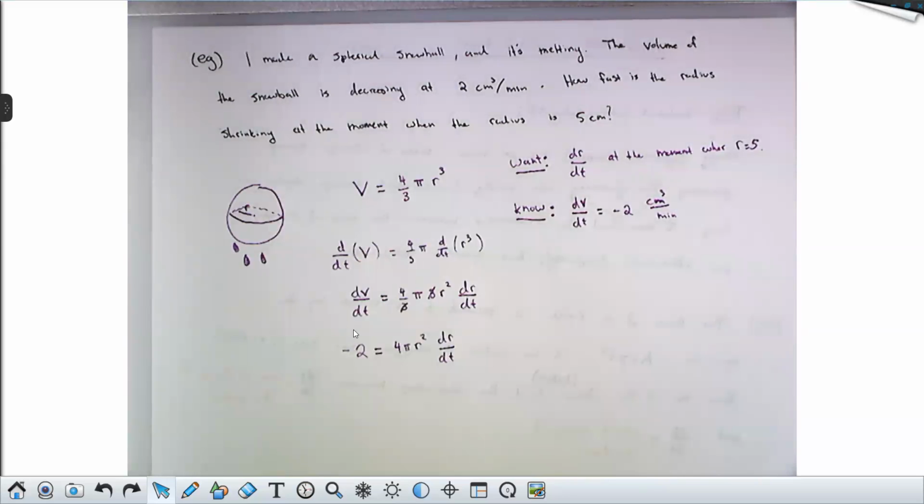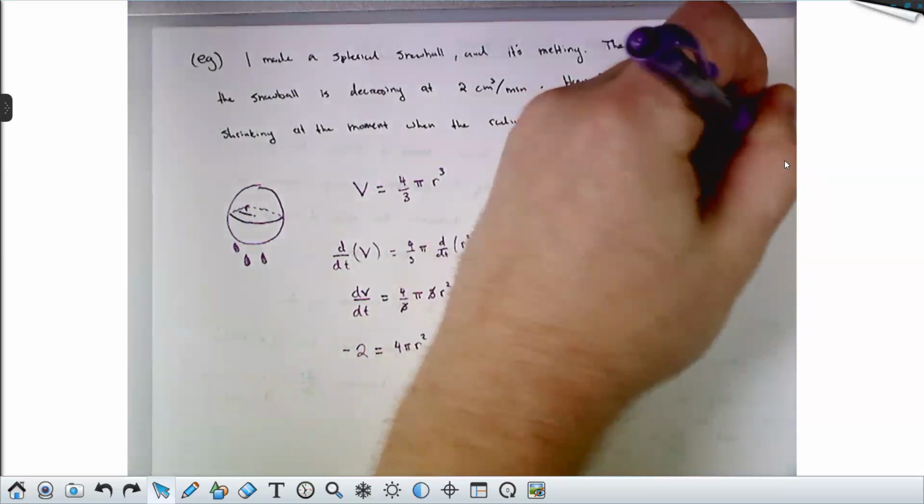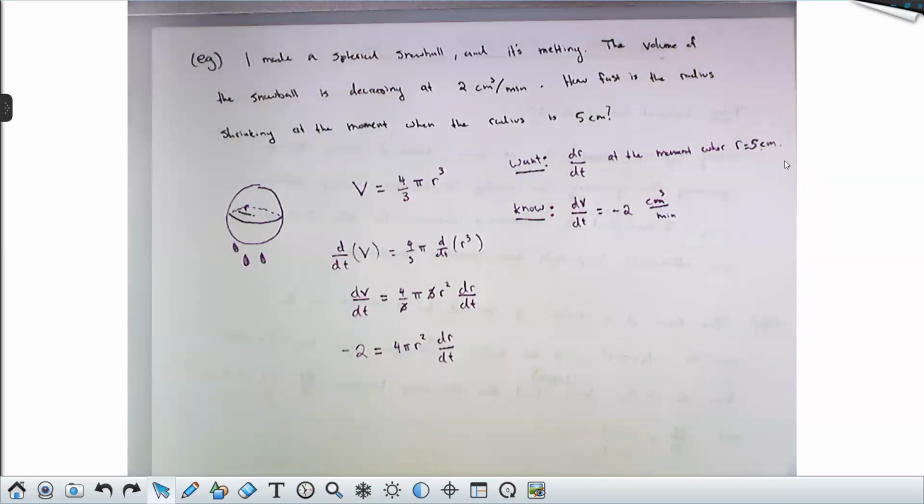So this is true always. Now what I want is dr dt, the rate of change for the radius, at the moment when r is 5 centimeters. 5 what? 5 miles? No, 5 centimeters. So r squared is equal to 25.